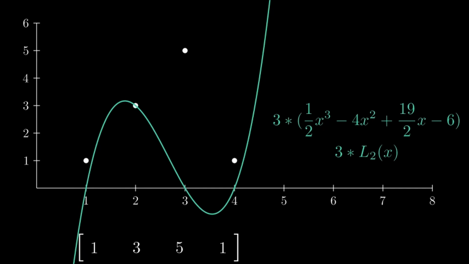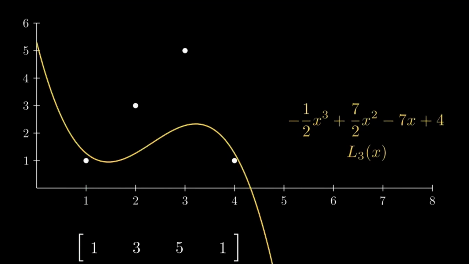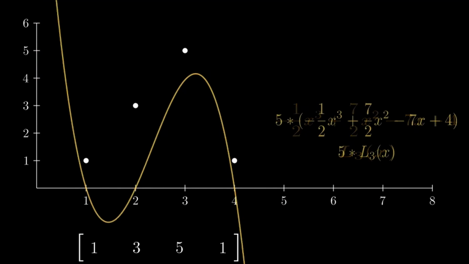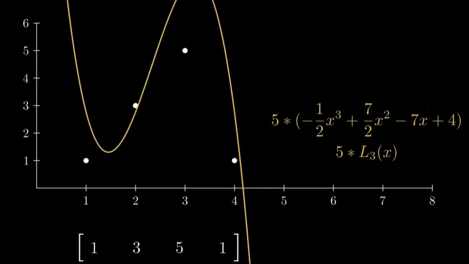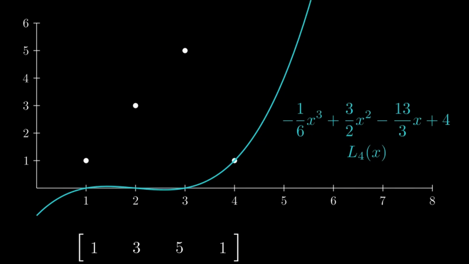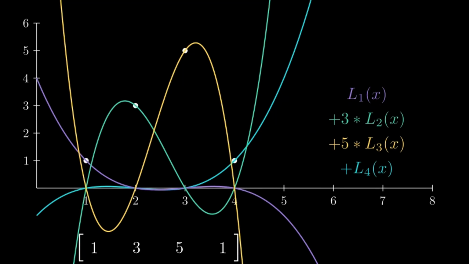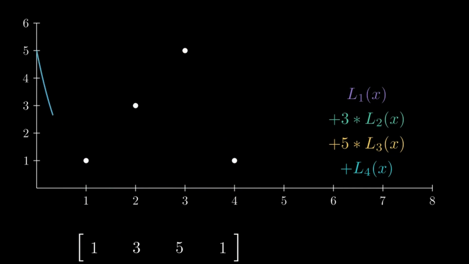Similarly, for the third Lagrange polynomial, I'm going to want 5 copies of that. And of the fourth polynomial, I just want 1 copy. Then if we add these copies of the Lagrange polynomials together, what we will get out is the unique degree 3 polynomial that passes through all the values we care about in our domain.